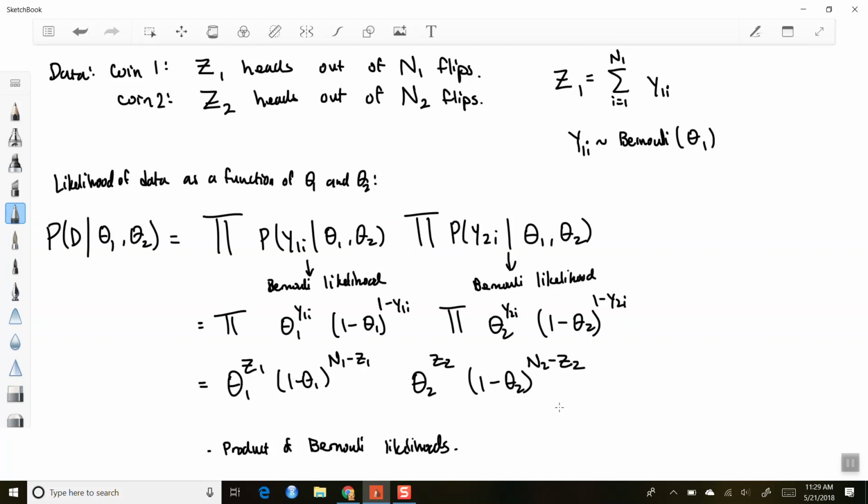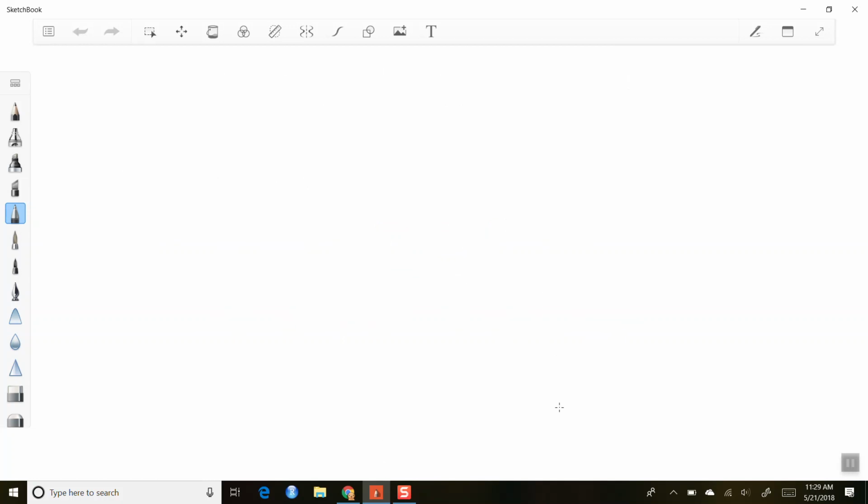Okay, so this is our likelihood. The prior distribution, which is theta 1 comma theta 2, the joint prior distribution, or the prior joint distribution, whatever you want. This is just going to be a product of beta distributions.